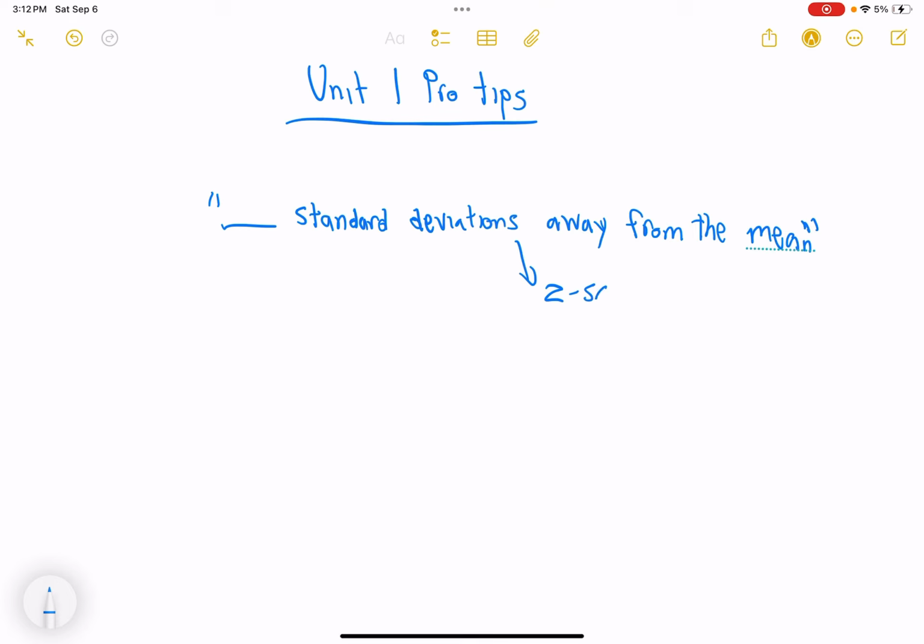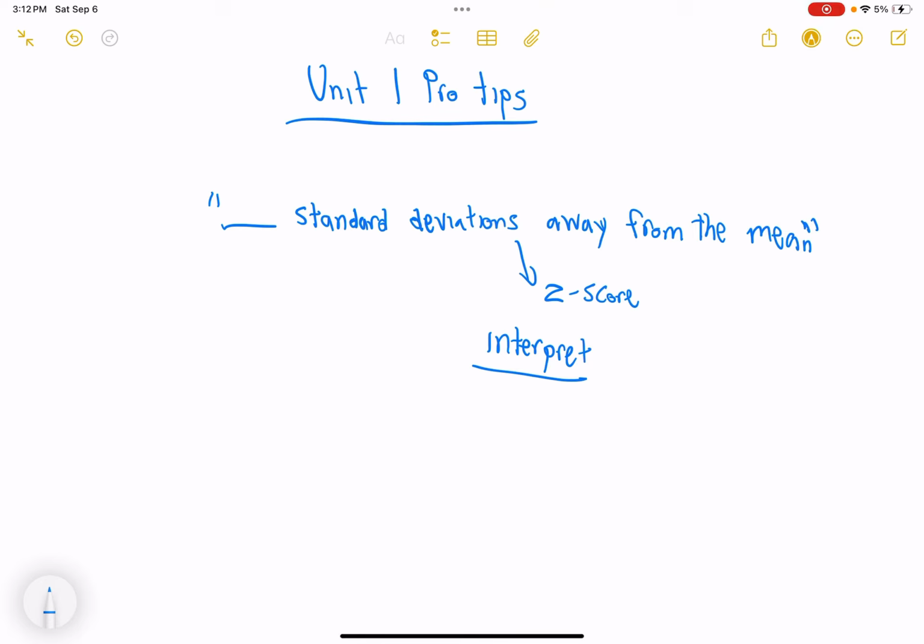When we interpret a z-score, you're probably going to use a sentence that starts with "blank data point is blank standard deviations away from the mean."